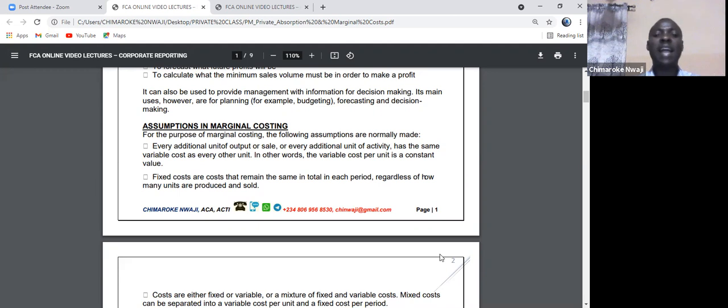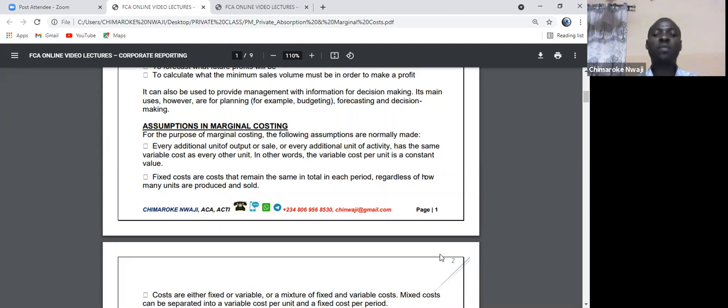If I want to buy an additional 1 unit of egg, I will still spend an additional 100 naira. So it means that any additional output will cost the same as every 1 unit of the same output, which means your marginal cost is your variable cost.